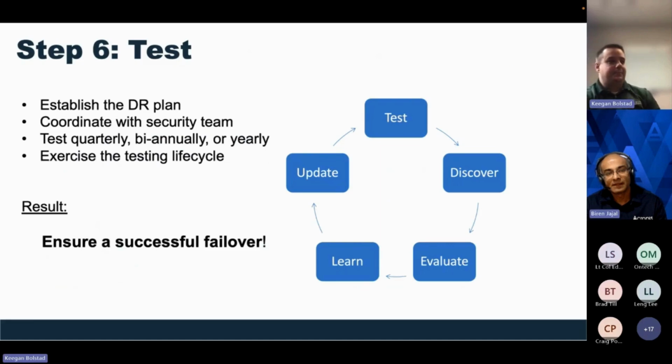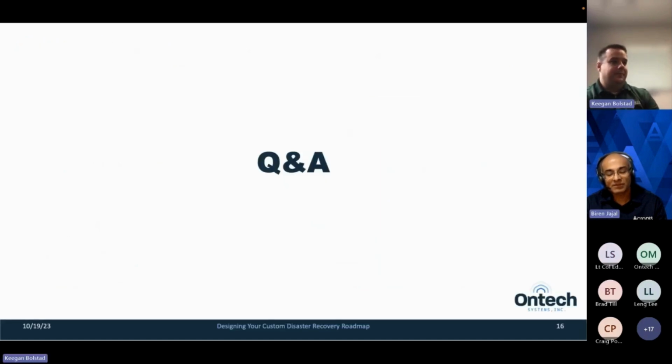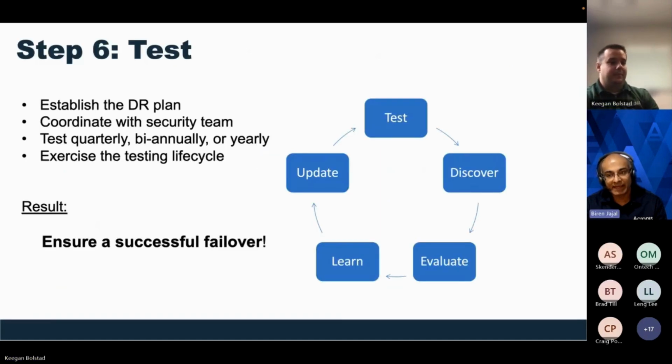So, next slide. Once you establish that disaster recovery plan, it's important to do the testing. That's the final step in the DR planning process: test, learn through that process, update your DR plan, and then do it again. Traditionally, at least for the large enterprise, you would find DR tests every 6 months or every year.